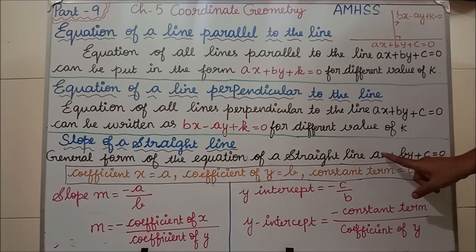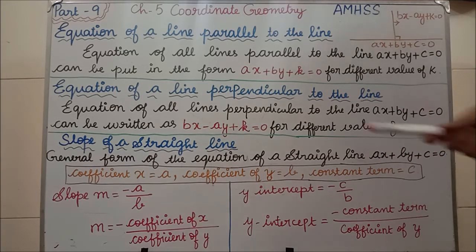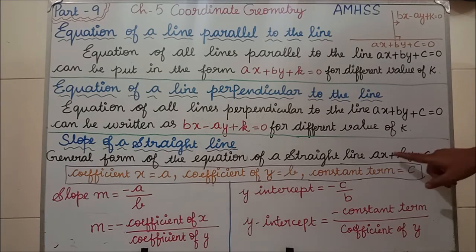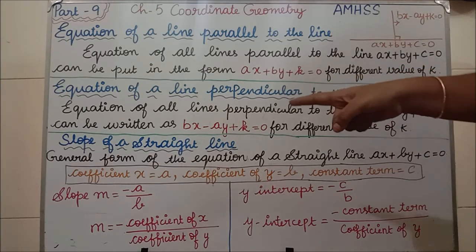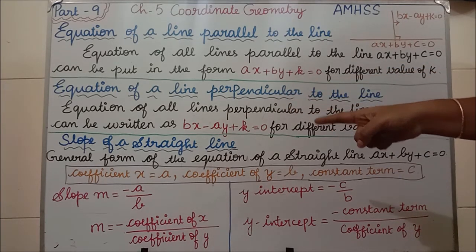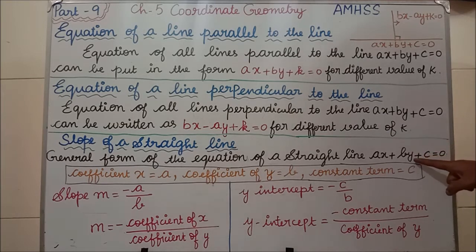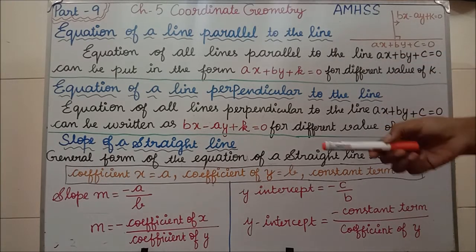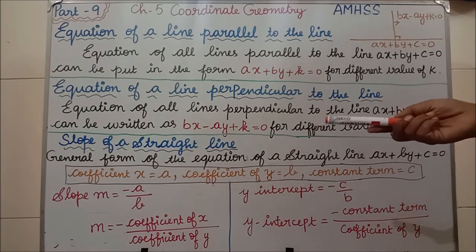What is a? Coefficient of x is a, coefficient of y is b, constant term is c. Clear? So if they give the equation and ask you to find the slope, slope m is equal to minus a by b is your formula.